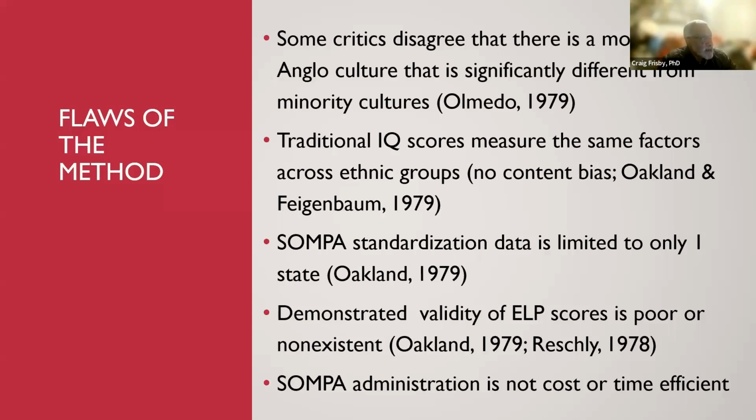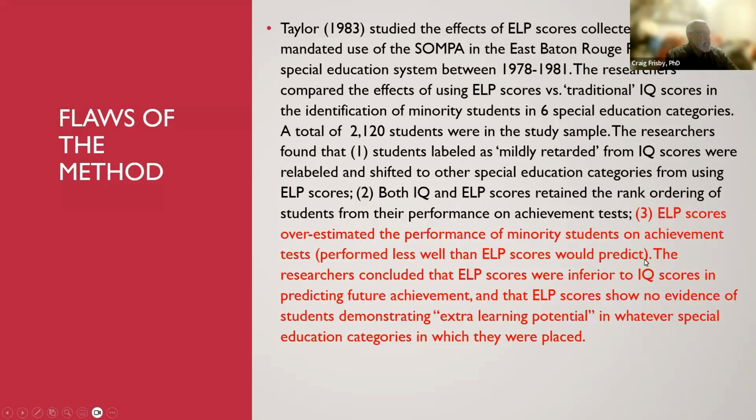So, flaws of the method, and I won't go through this, I'm trying to rush through this. Basically, there have been studies done where they've looked at the practical validity of making decisions from ELP scores, and this is one study that I talk about at length in the book. I want you to just focus on this red text here. They found that ELP scores overestimated the performance of minority students on achievement tests.